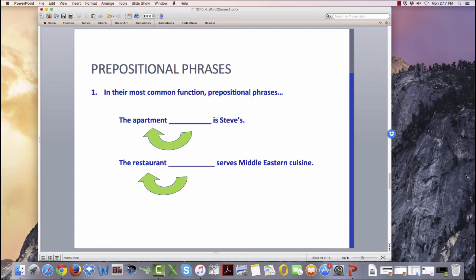So prepositional phrases sometimes work as adjectives. If we look at the restaurant on Alameda, the restaurant next to the supermarket, the restaurant near my house, all of those prepositional phrases are adjective prepositional phrases because they're helping us to identify the noun.